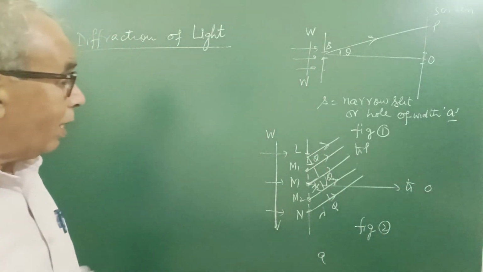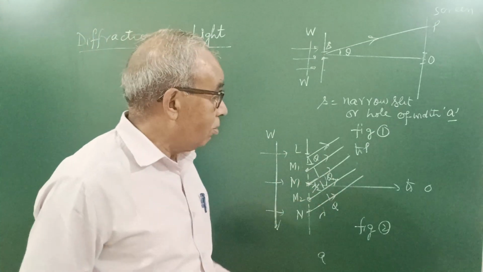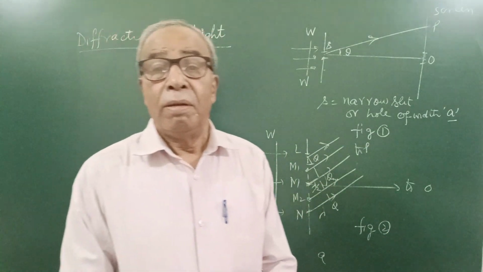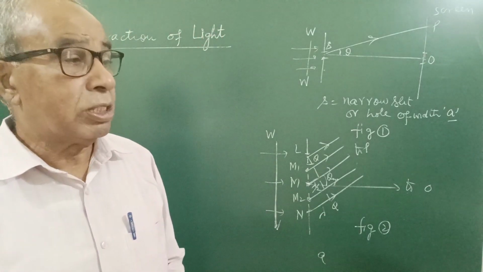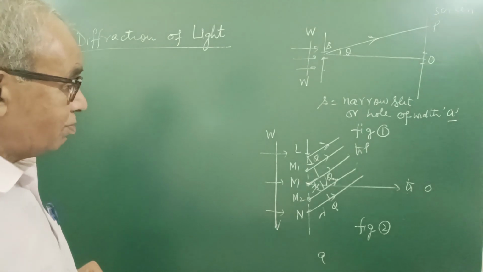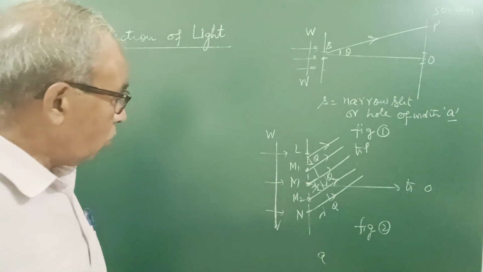Means for every point M1 there exists a point M2 in the second half which meets at O in the same phase. Please make note of this, because if I start writing it will take a long time and we are bound to save time in this video.